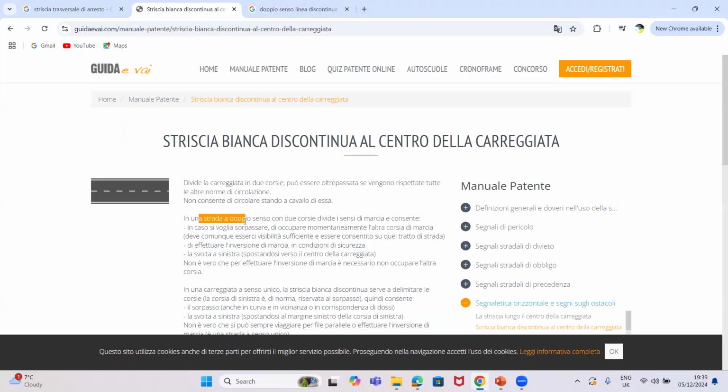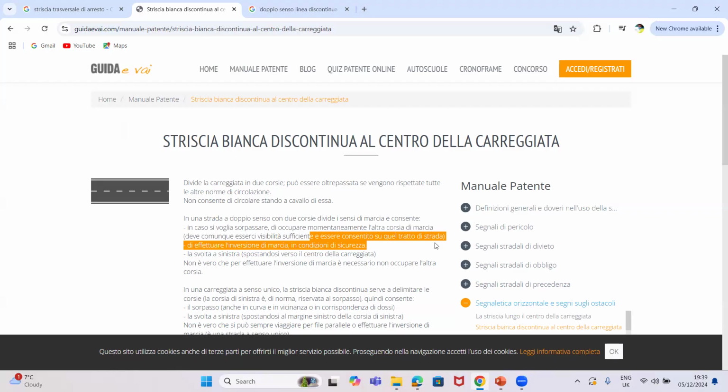If this discontinuous line divides the sense of movement, they said, if you want to overtake, occupy temporarily the other corsia. And make sure deve comunque essere visibilità. Make sure you have sufficient visibility. Essere consentito su quel tratto. Make sure that your visibility is so clear that you can be able to see. Because a car can be coming from the opposite direction. This is the first example. Is it clear now?